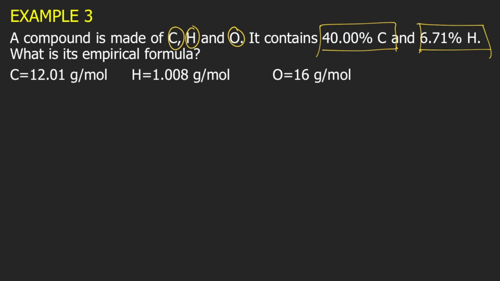So remember, when you add all percents, that should be equal to 100%, right? So in order to find the percent of oxygen, that is just 100% minus the mass percent of carbon, which is 40%, minus the mass percent of hydrogen, which is 6.71%.